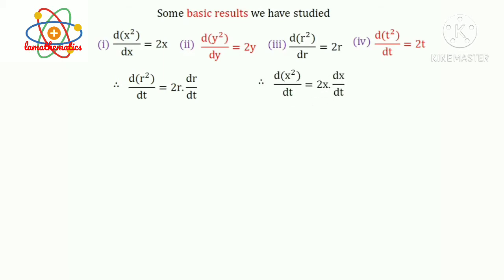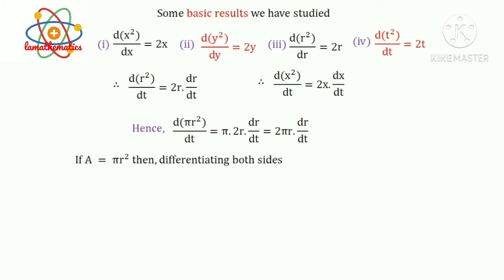Similarly, d by dt of x square equal to 2x into dx by dt. Hence, d by dt of pi r square equal to pi into 2r into dr by dt. Here take 2 and pi are constants, equal to 2 pi r into dr by dt.